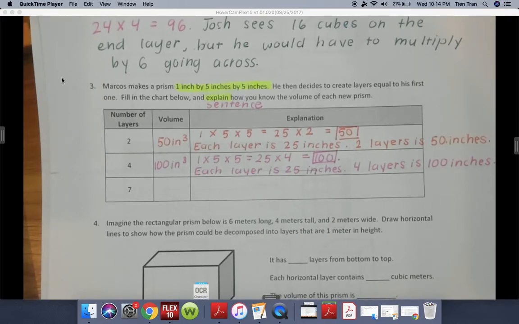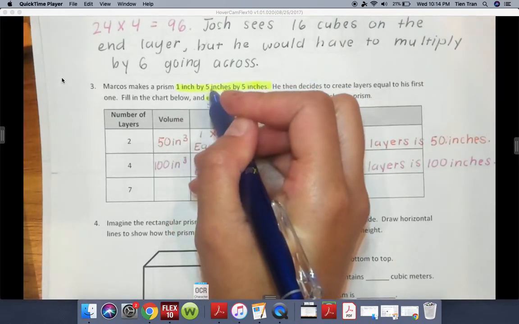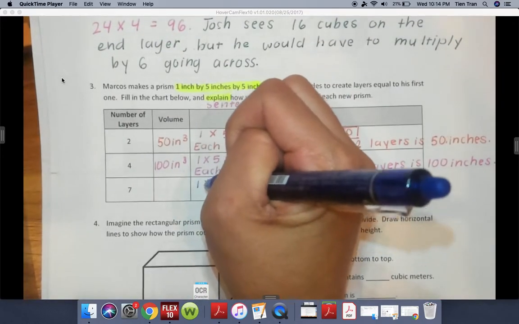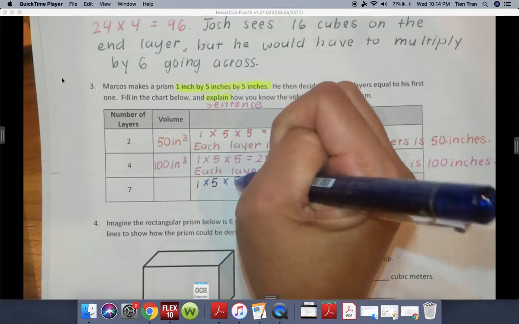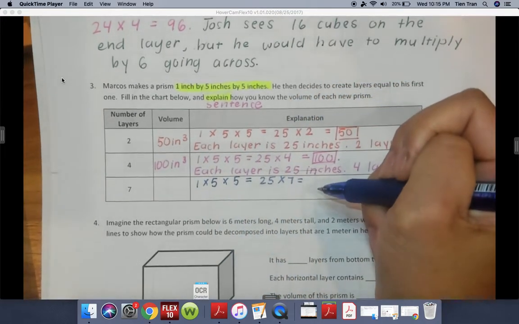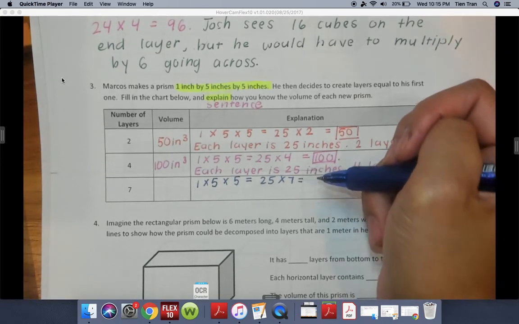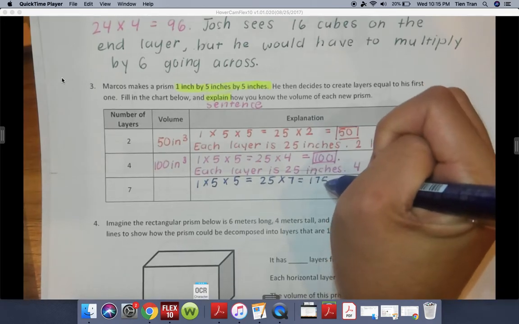Now the next one we have, same thing, I'm going to use 1 times 5 times 5. 1 times 5 is 5, times 5 again is equal to 25. 25 times 7, okay, so I'm thinking of how many quarters I would have, and so my answer would be 175.